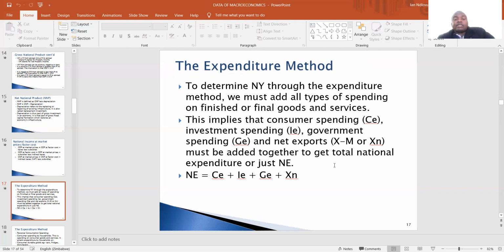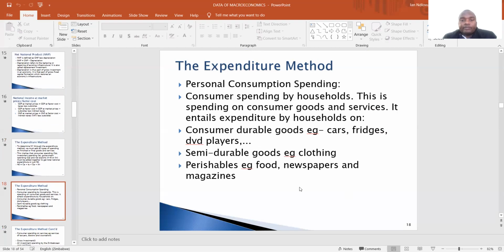So in terms of the last bullet, they will just summarize what I just said. National expenditure is equal to consumption expenditure plus investment expenditure plus government expenditure plus net exports expenditure.